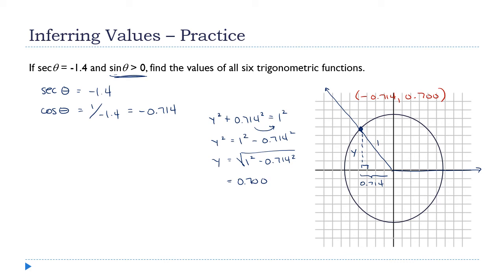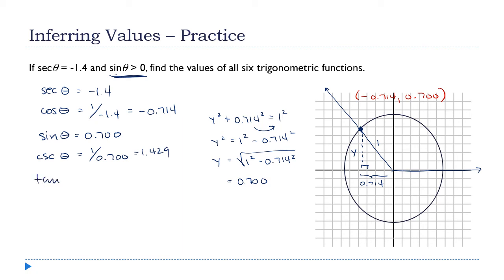The sine of theta is 0.700. The cosecant of theta is 1 over that, which is 1.429.